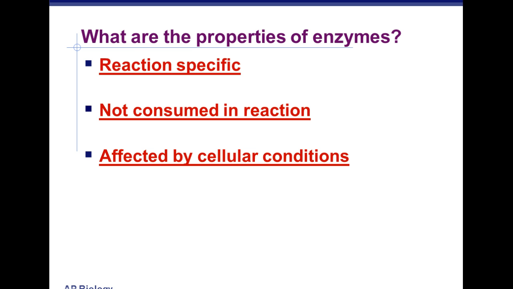The special thing about these proteins is that they are unaffected by the reaction they catalyze. Now, lastly, write in your notes that the rate at which enzymes work is influenced greatly by the conditions in which they work. For example, the temperature, the pH, or say the salinity of the environment.